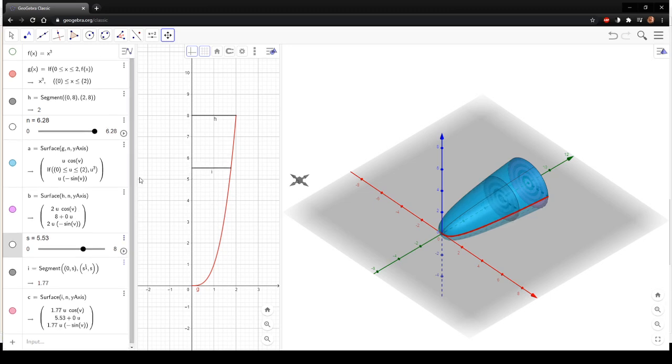The thing is, since the variable of integration is now y, we're going to have to take the equation y equals x cubed and solve it for x, so that it becomes instead x equals the cube root of y. Now, the inner radius is very clearly 0. The outer radius, on the other hand, is the distance from the y-axis to the curve.